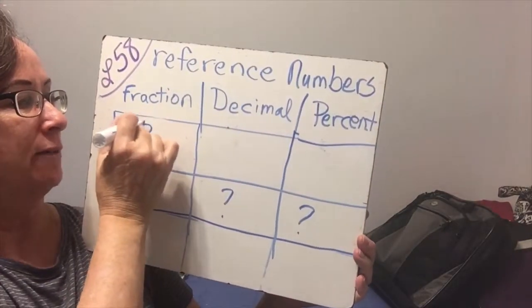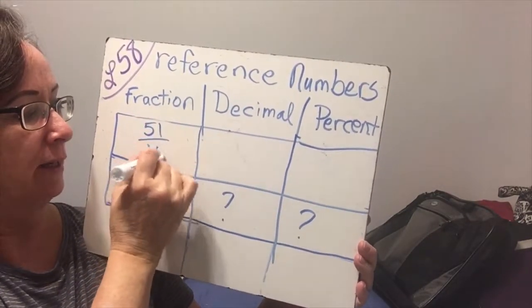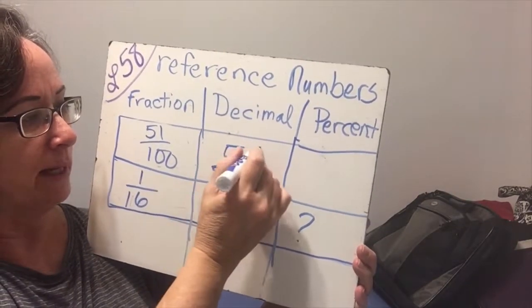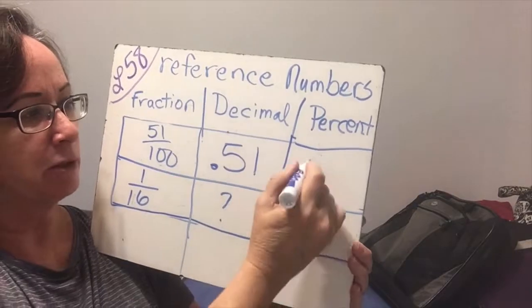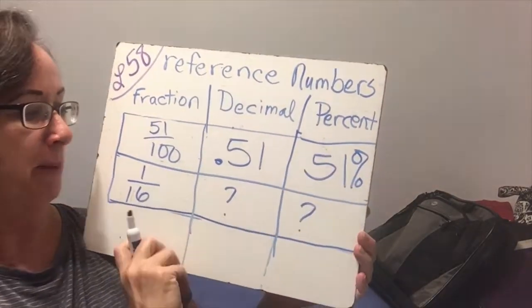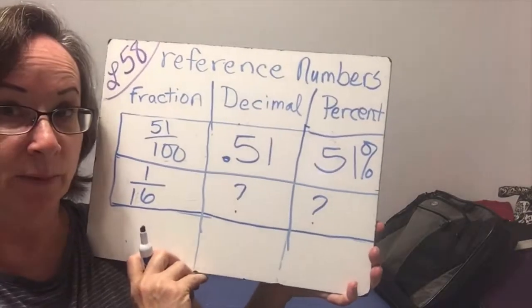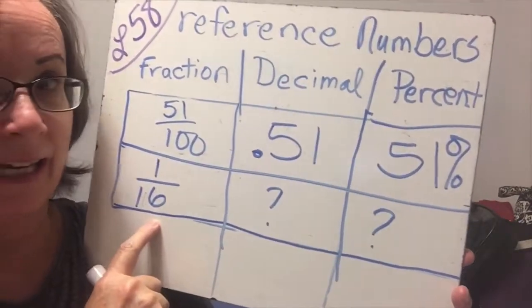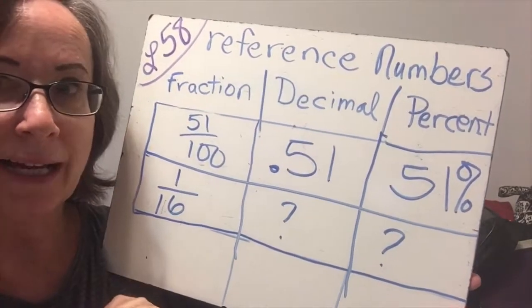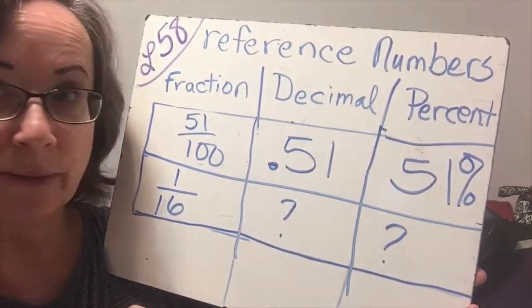Our pattern was 51 over 100, and that's the same thing as 0.51. And then when I move the decimal 2 places to the right, that is 51%. So that's my pattern, but I do have a little bit of a problem because 16 is not 100, and this one was 100. How do I turn 1 over 16 into a decimal?